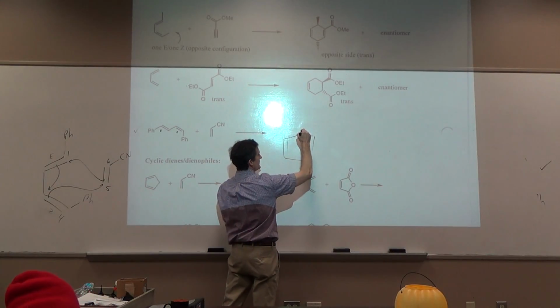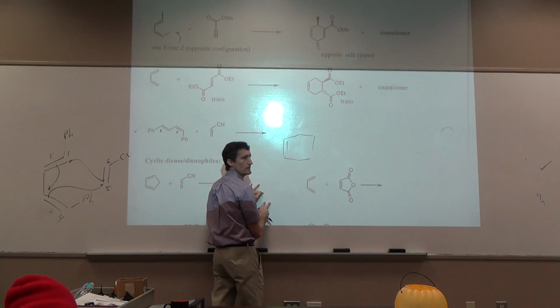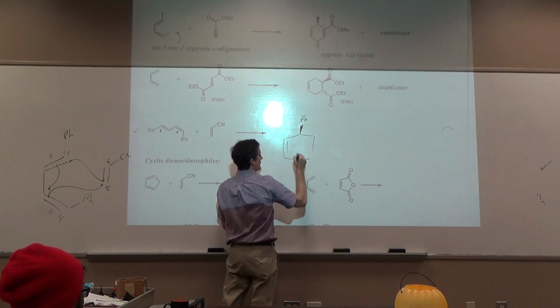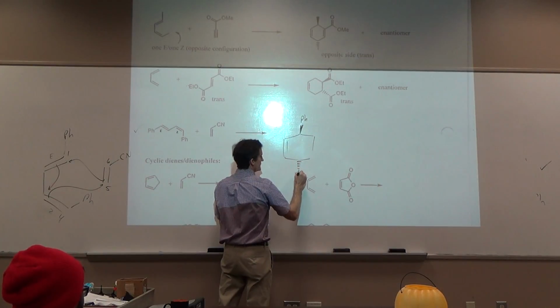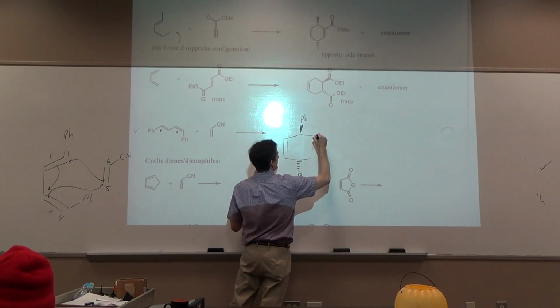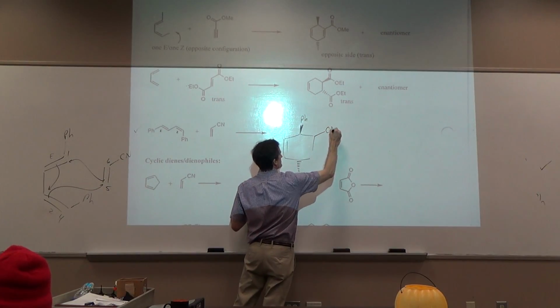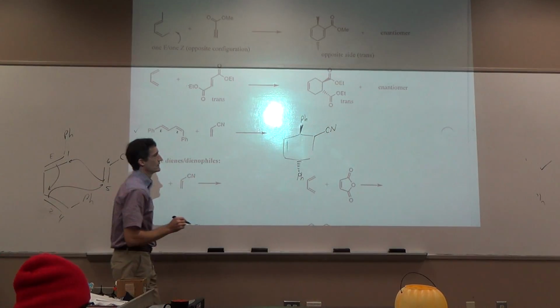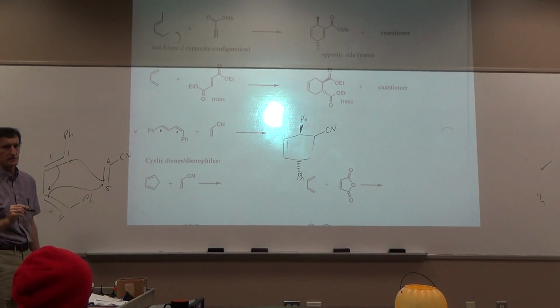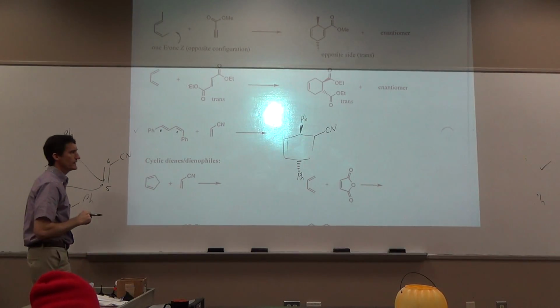Are these phenyls going to be cis or trans to each other relatively? Trans. If we draw this one bold, we would draw this one dashed. And then there's a cyano here. Now, here's where we cannot tell the stereochemistry, at least I don't think we can.